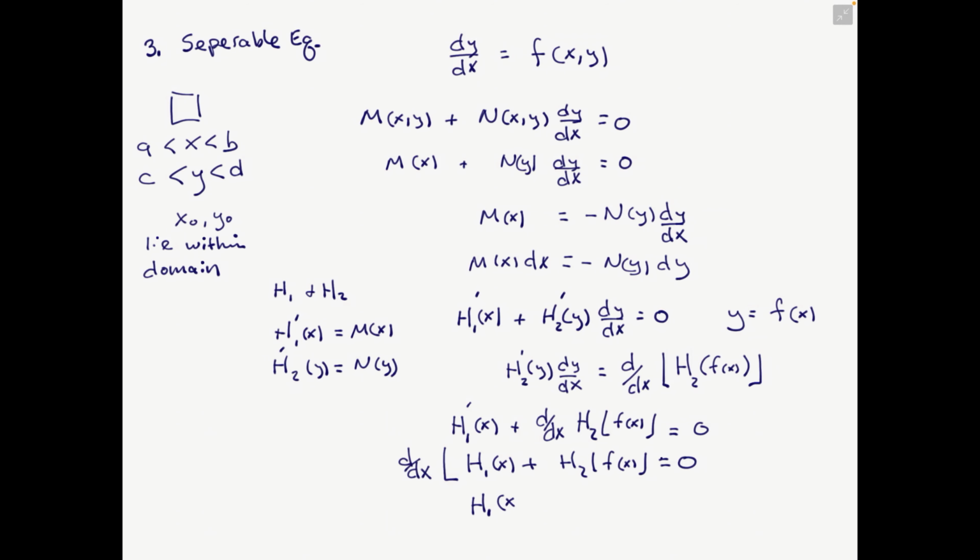And we can take d/dx out, and we've got h1 of x plus h2 of f of x equals 0. And then we have h1 of x plus h2 of f of x equals a constant.